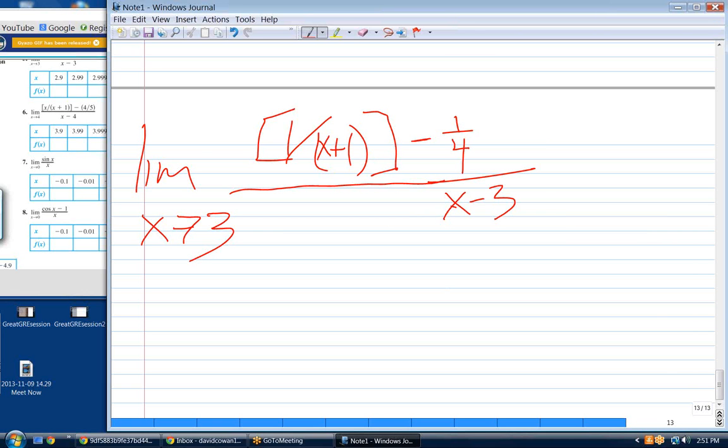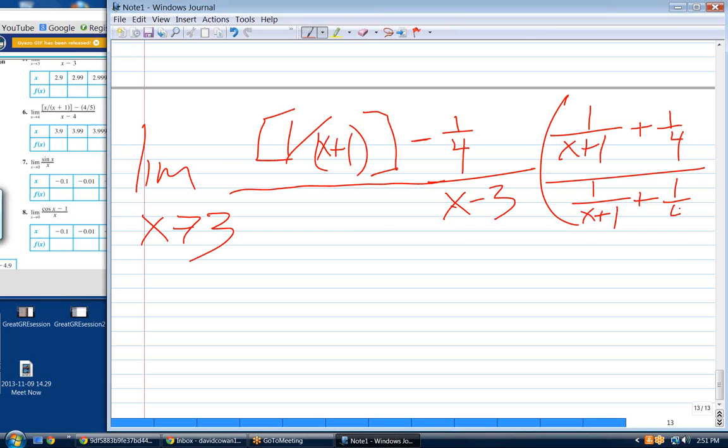Let's multiply by the conjugate. See what happens. It's a little bit more complicated conjugate than we're used to, but we still know what our new numerator is going to be. What's the new numerator going to be?